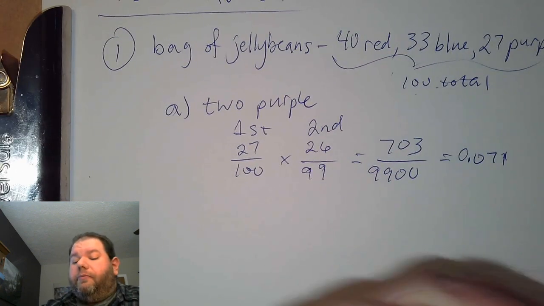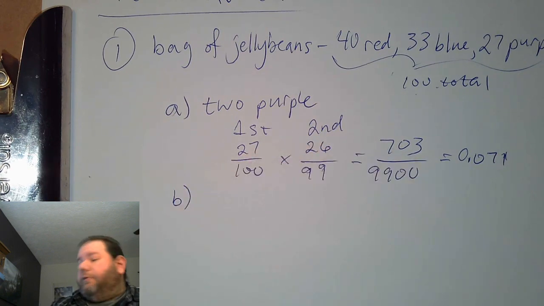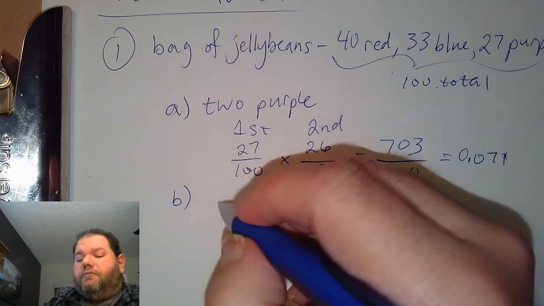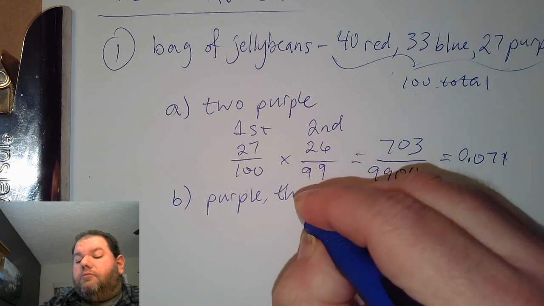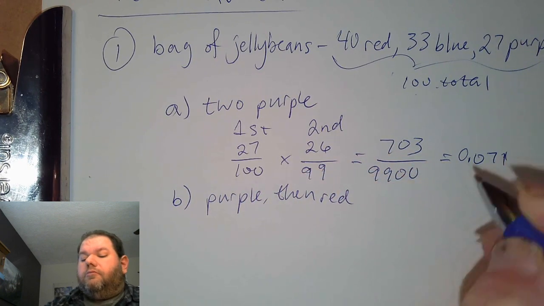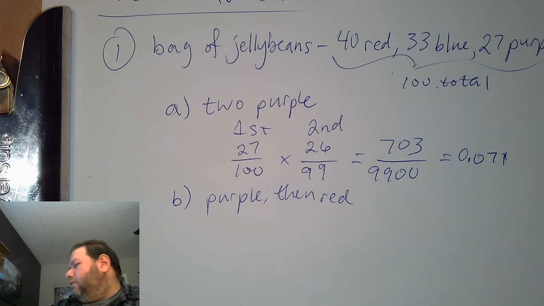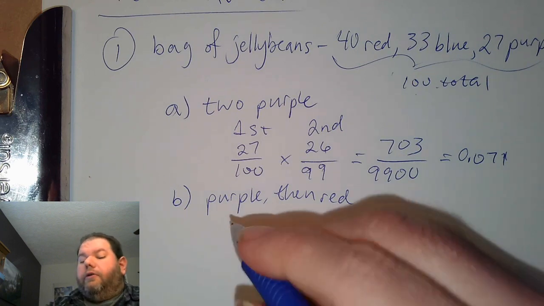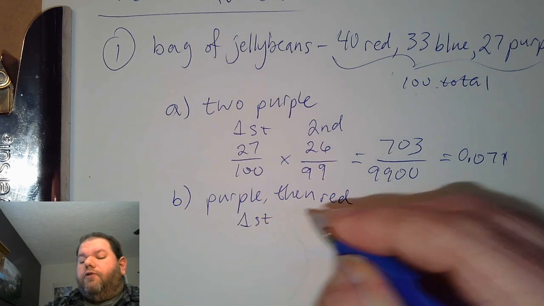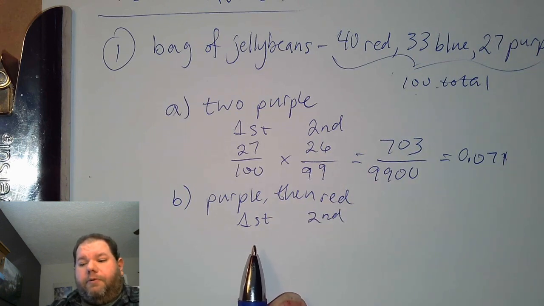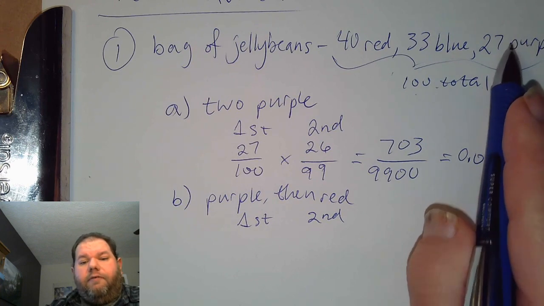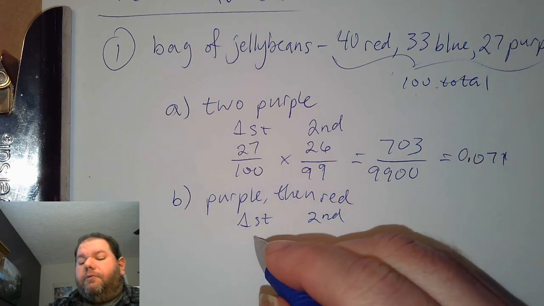Okay. The second probability we wanted was the first is purple and the second is red. So we have our first jelly bean and our second jelly bean. The first one being purple, again, 27 of the 100 jelly beans are purple.